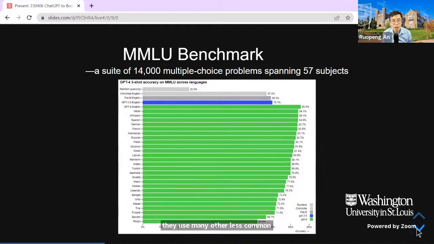As we can see, if the machine is just randomly guessing, the accuracy is only 25% because there are 4 choices in a question. But for the GPT-4 model in English, the accuracy is 85.5%. Right? And for other languages, the performance of the GPT-4 model is lower, but still quite amazing.